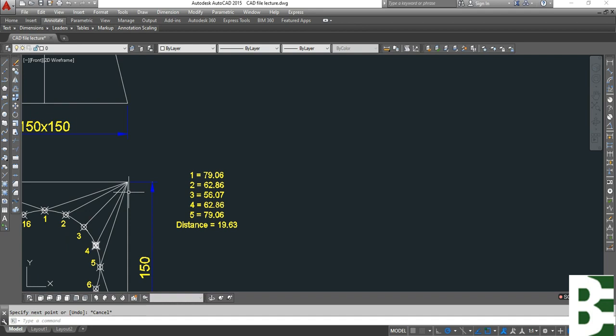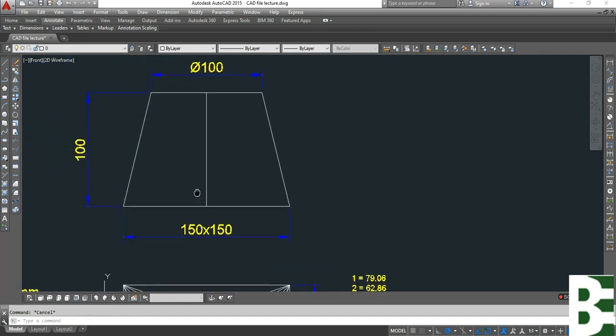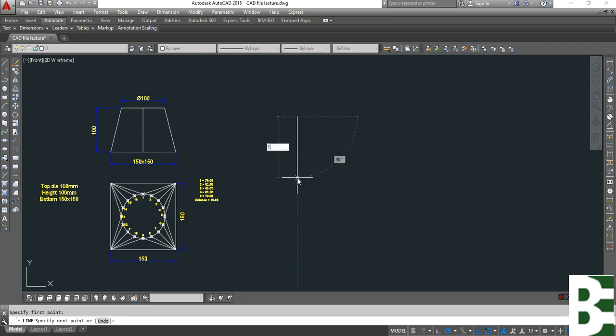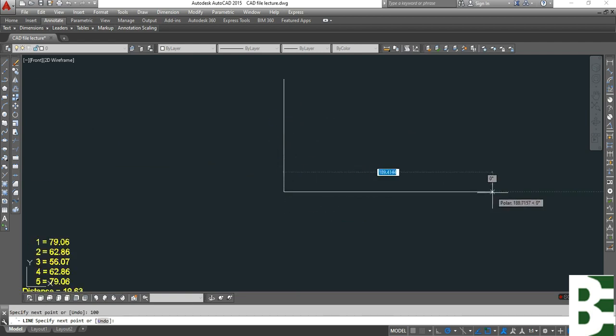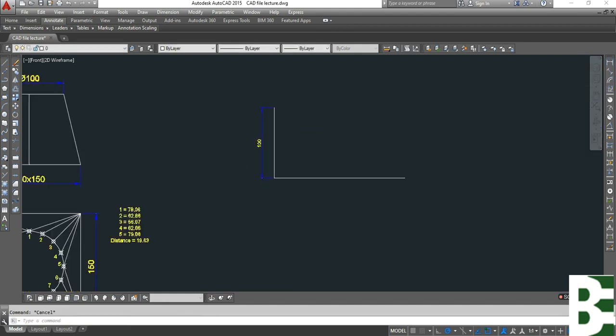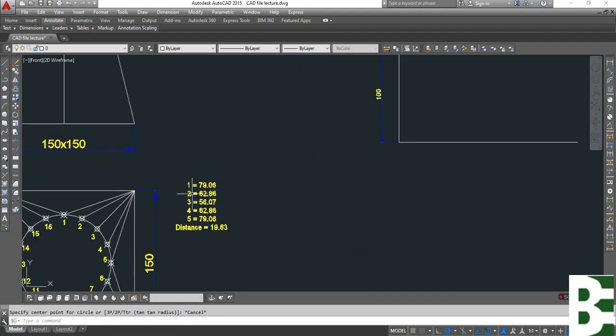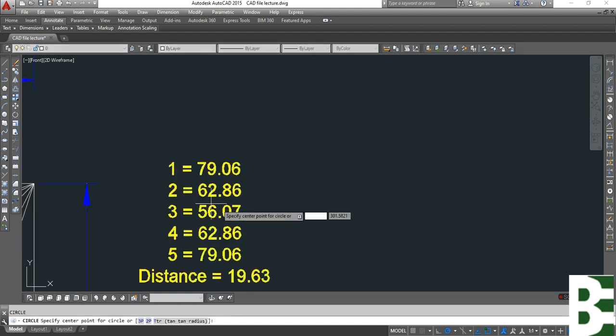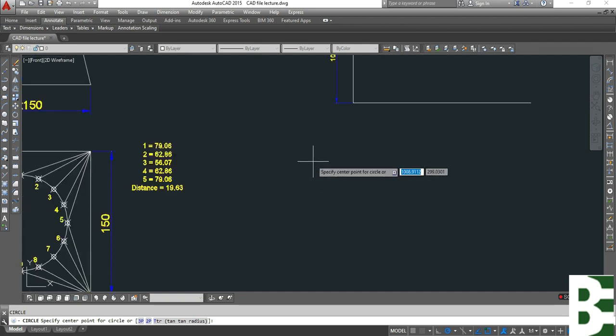Now this is my table number 1, and for here I need the height. I will draw a perpendicular of 100 mm and a horizontal line. This horizontal line is not necessary, you can draw it as long as you can.